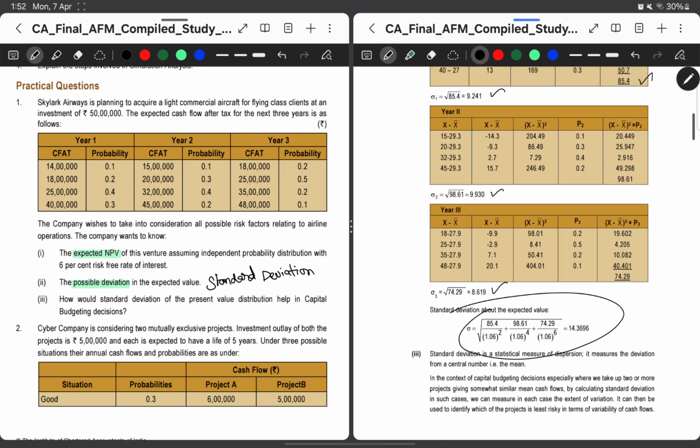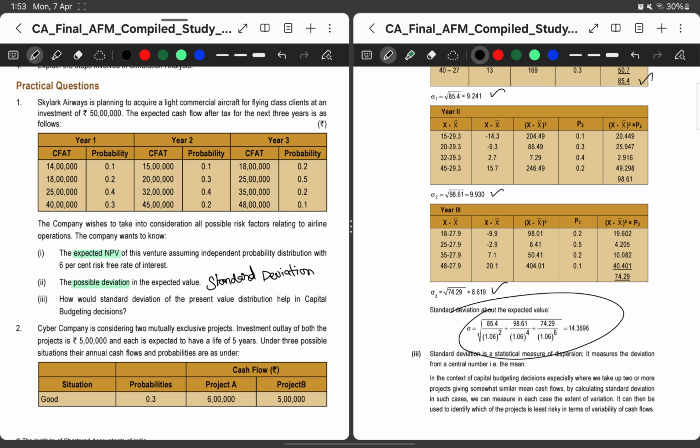So the standard deviation, I'll give the simple idea. In my previous video I clearly mentioned that standard deviation is not linear with respect to time. When we worked out the value at risk, VAR for 1 day and VAR for 10 days, we rooted the time: we calculated VAR for 1 day, and when we calculated VAR for 10 days, we multiplied the standard deviation with the root of 10.